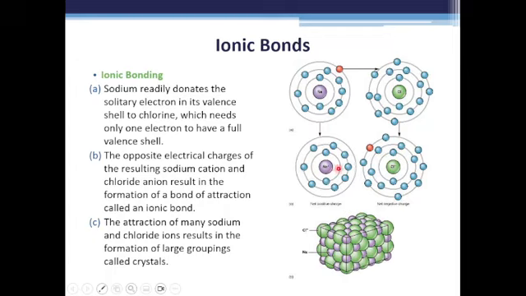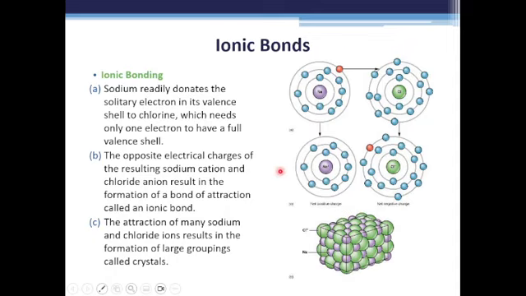When an atom gains an electron, here from the sodium atom, it becomes an anion, meaning it carries a negative charge. Since opposite charges attract, the cation and the anion are held together by an electrical attraction, and this attraction is what we call the ionic bond.